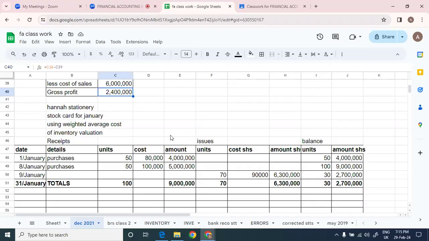So down, we are going to write PPE, property, plant, and equipment. Property, plant, and equipment does not apply to: 1.